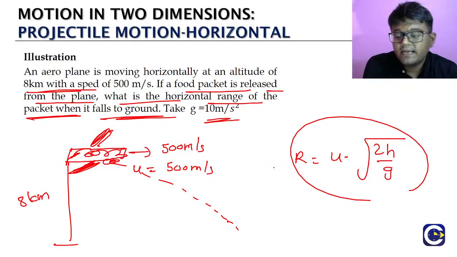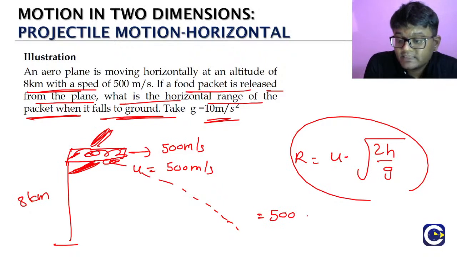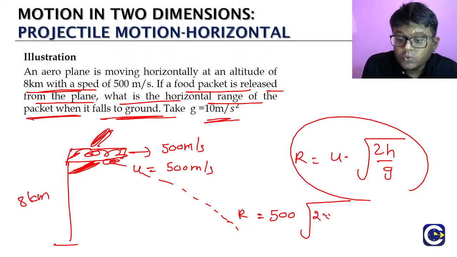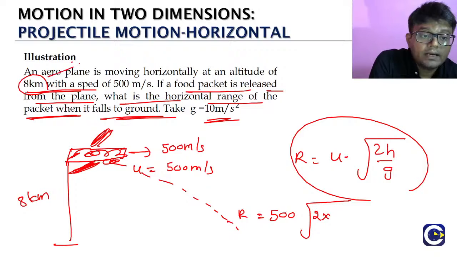They are asking for the horizontal range. The range value is u, the horizontal velocity, which is 500. Everything here is in the SI system, so R is going to come in meters. 500 into root 2 into h. What is h? 8 kilometers. We can't take kilometers; 8 kilometers means 8,000 meters.